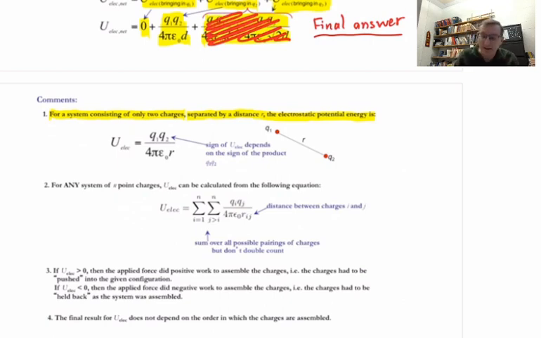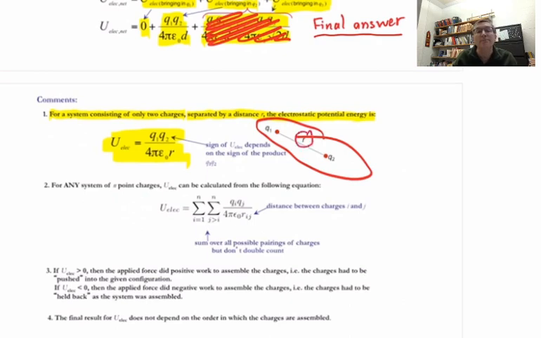And you see that all you've got then is a very simple result. If it's a 2-particle system, the stored energy, U elect, is Q1 times Q2 over 4 pi epsilon 0 r. So I'm talking about a situation like that. 2 particles, Q1, Q2, distance between them, r. That's the formula for the stored energy, okay?